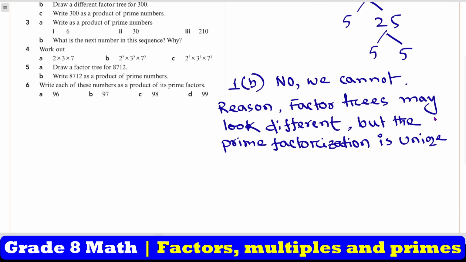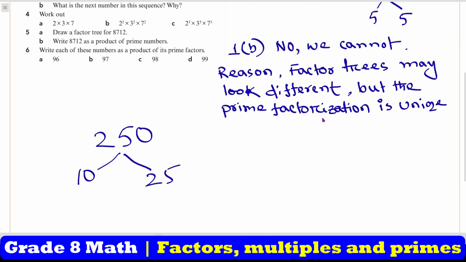Okay, so let's see another way. How can we solve this one? Here is 250. We can write 10 and 25. It's the same 250. Now look, 10 can be written as 2 and 5, and 25 can be written as 5 and 5.